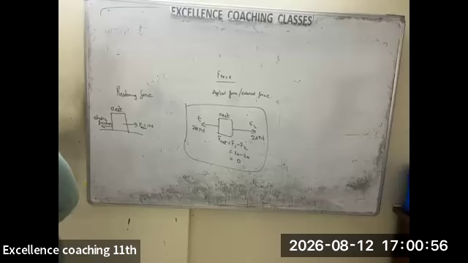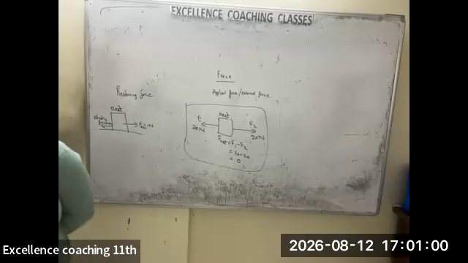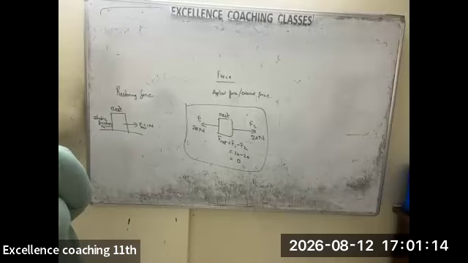If I wanted to move this, I had to pull, and it would have moved away if no one was pulling it in the opposite direction. Someone is pulling it in the opposite direction, that is why I'm applying a force. So when the object starts moving, static friction was there, and now the object starts moving, still I'm applying a force. So who is there in the opposite direction?